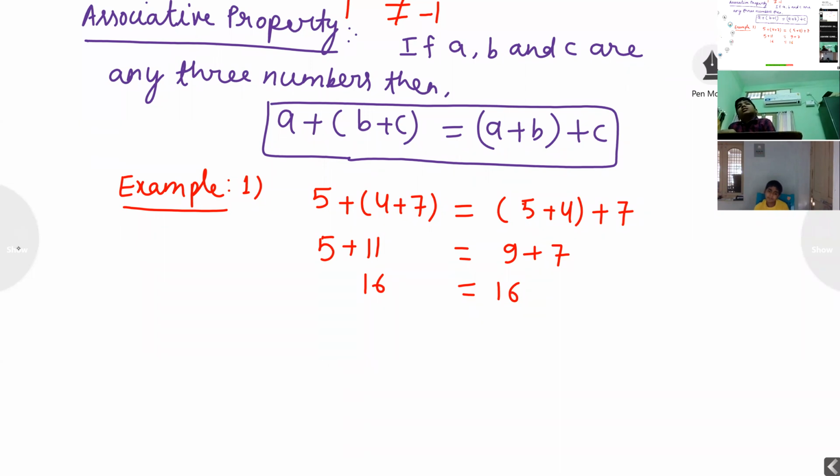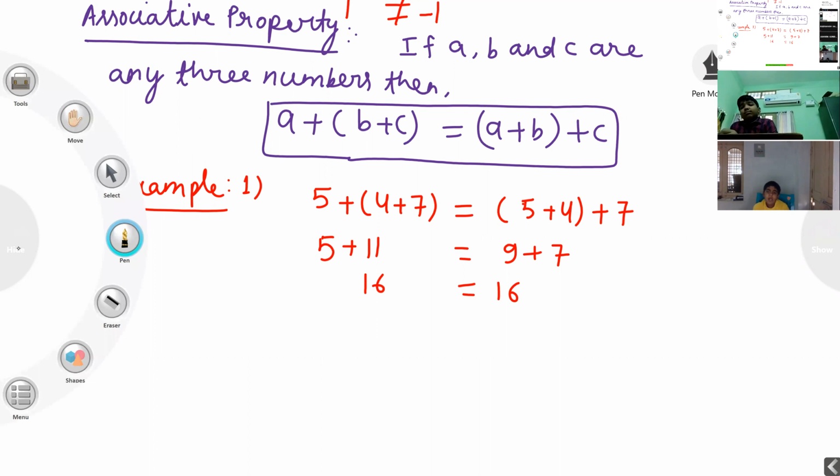This property says if A, B, and C are any three numbers, then A plus B plus C is equal to A plus B plus C. This property is also called the grouping property because there are three numbers. On the left, 4 and 7 are in one group, and on the right side, 5 and 4 are in one group, but the answer is the same.